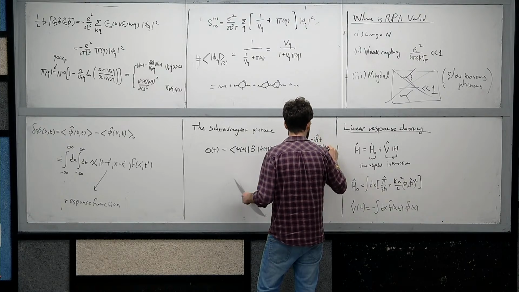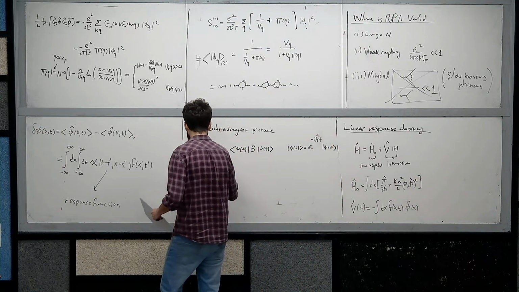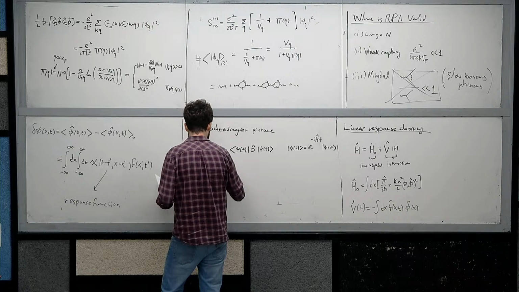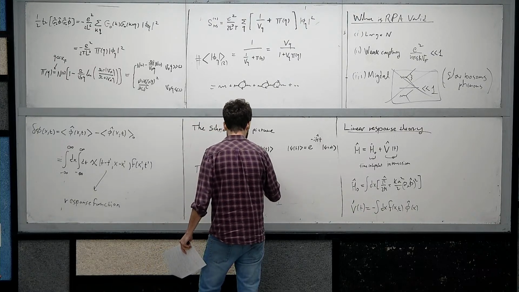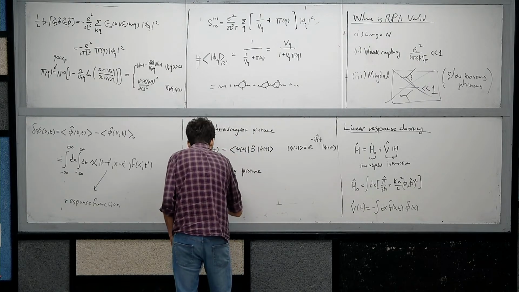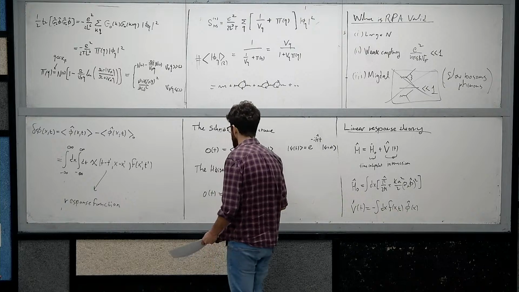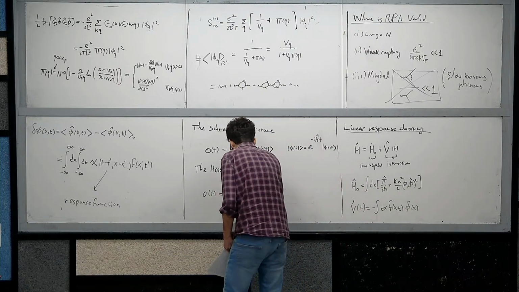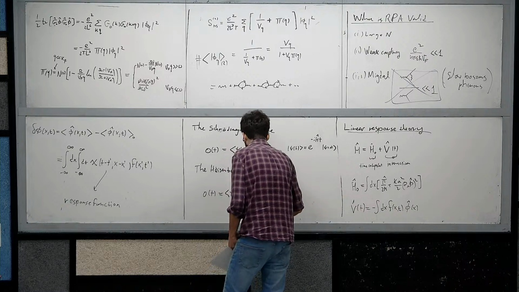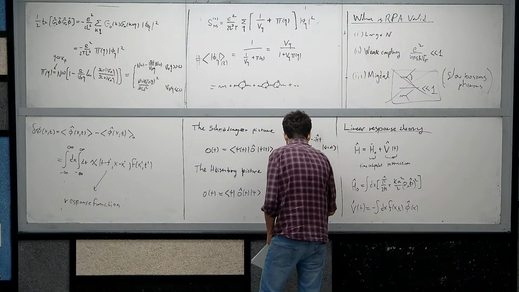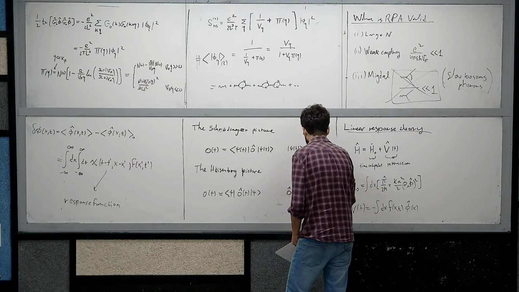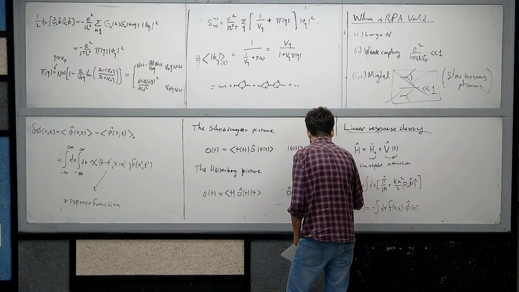Then the Heisenberg picture is where the state psi is constant in time, but we're evolving the operator O of t, which is e to the iHt, O of 0, e to the minus iHt.